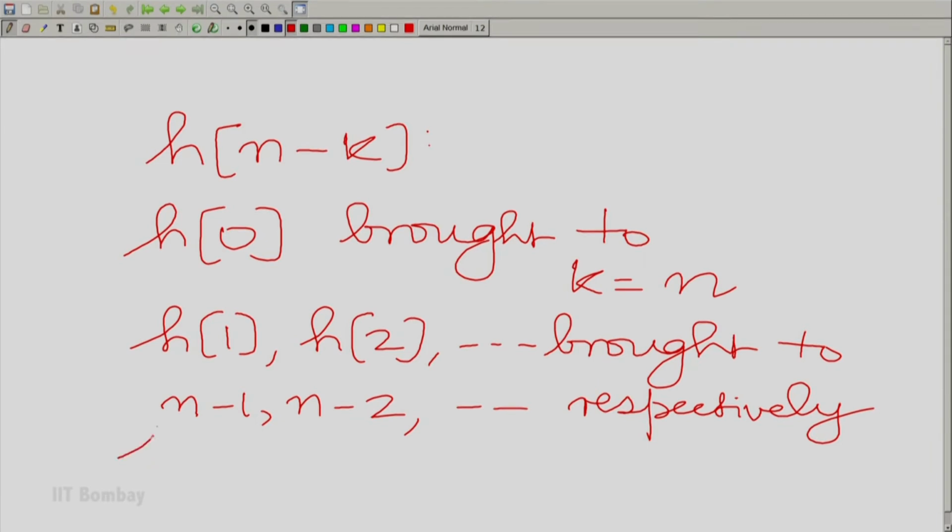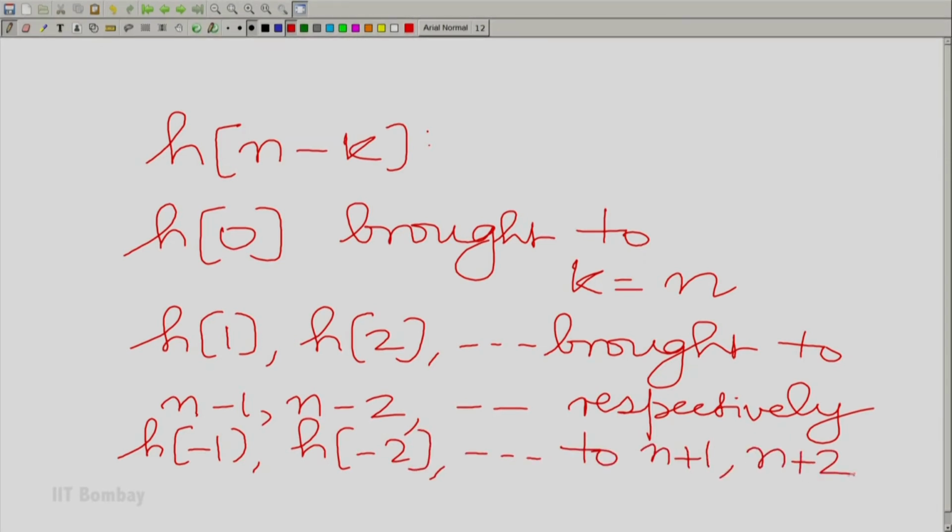And similarly, h minus 1, h minus 2 and so on to n plus 1, n plus 2 and so on respectively. Now, let us spend a minute thinking about what we are doing.